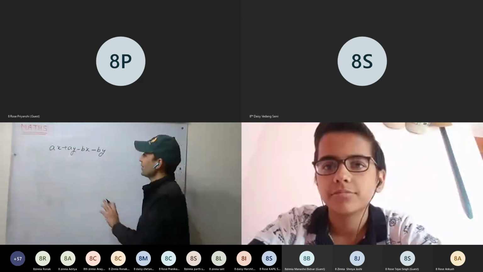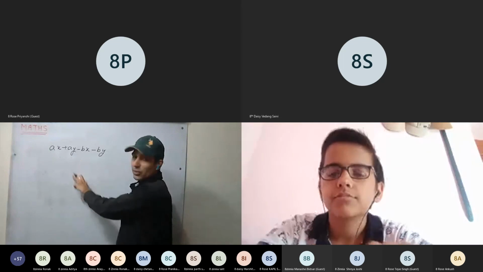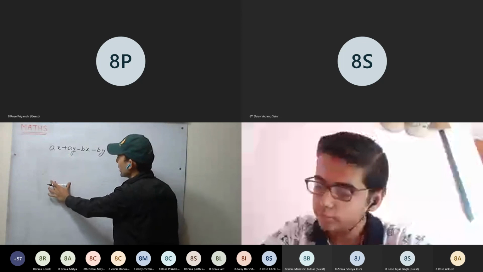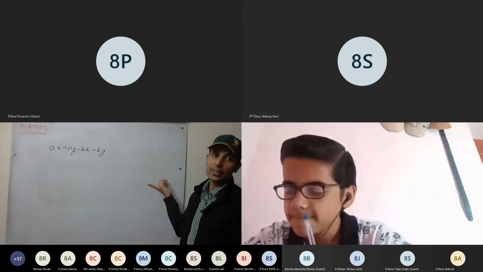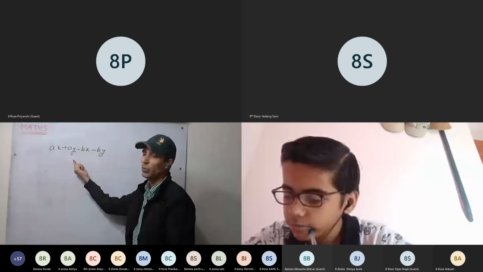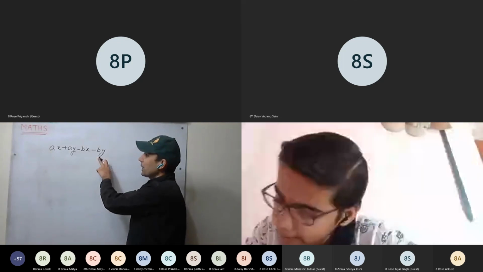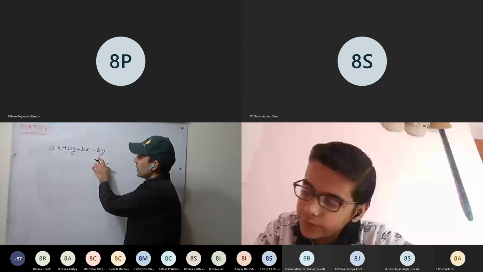Okay, so see here. Without rearrangement as well you can solve. With rearrangement as well you can solve. We can rearrange as well, or there is no need, because first and second are having a as common and b is common in second, third, and fourth.